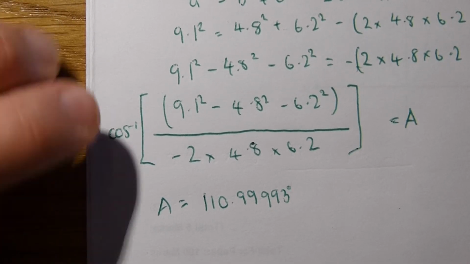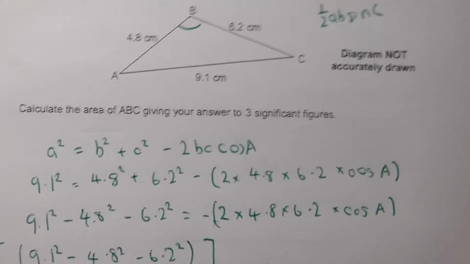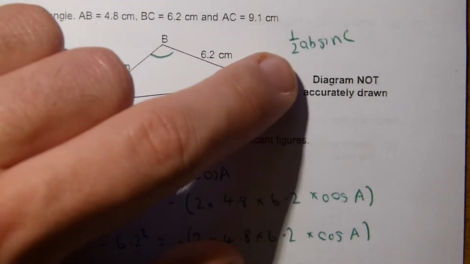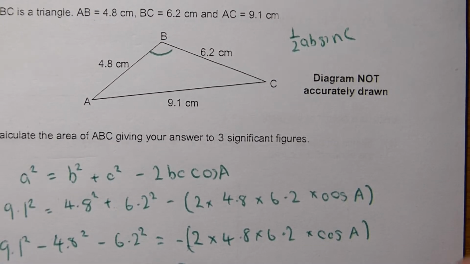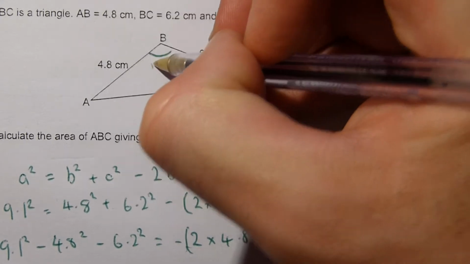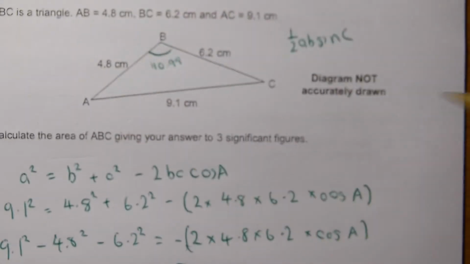Okay, so let's leave that as it is, but now we can go back to this formula that we wanted to use earlier on, half AB sine C. So we said this was 110.99.